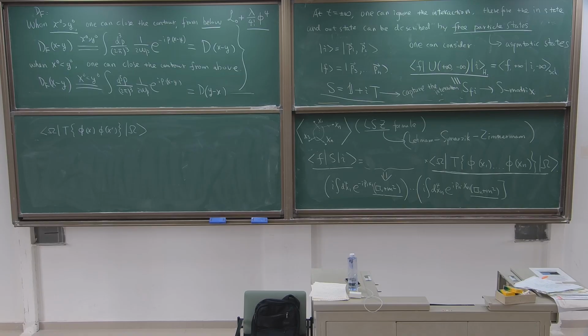Now, x is the correlation function defined by the interacting theory. The question is how to do this. It looks like a complicated task, right? But even before touching those factors, what did we achieve before?